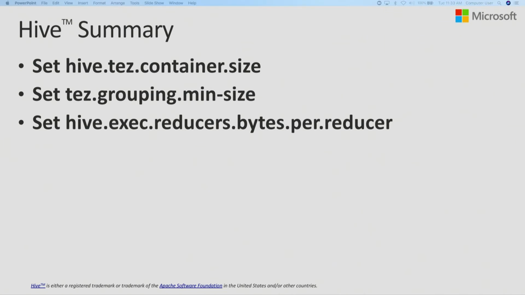And the last one is, hey, if my reducer size is too big, maybe I'm not getting enough reducers at that point. And so therefore, if I'm getting more reducers, I can run more in parallel by reducing the size of each reducer. And so in summary for Hive, we want to run more things concurrently, just like we've said before. And the more we can run concurrently, we're able to utilize all that storage throughput.